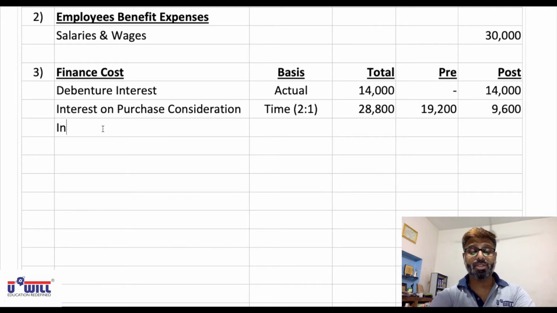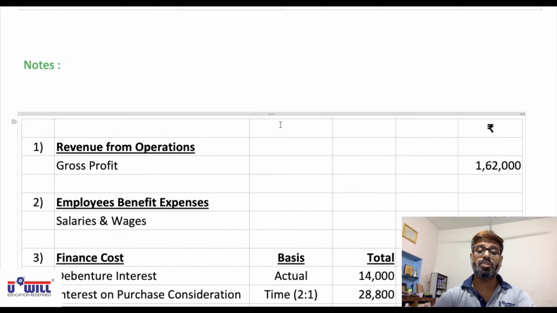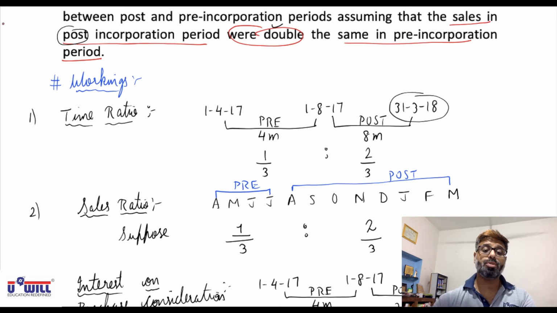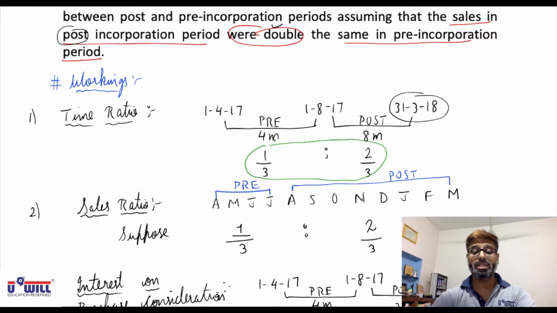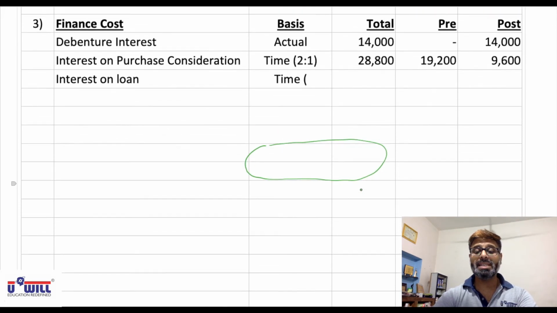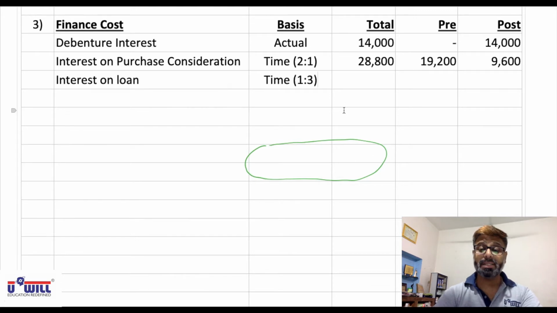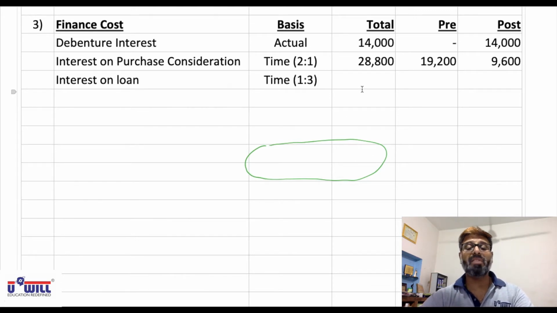Then interest on loan. Now this will again go on time basis, but normal time basis, which is as per working note 1. That is 1:2 time ratio. You all can see in working note 1, what is the time ratio? 1:2. This time ratio will be taken into consideration for interest on loan. As I said to you, there is a normal loan which might have been borrowed by the old business. So from April to March, in full you are paying the interest because the date of repayment is not given.